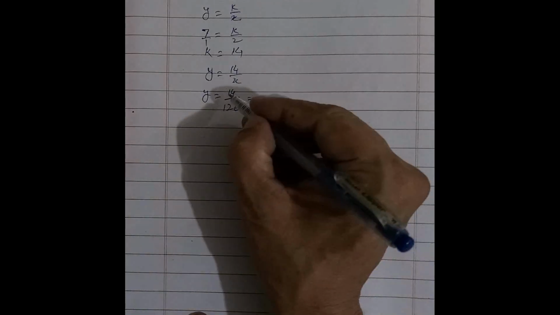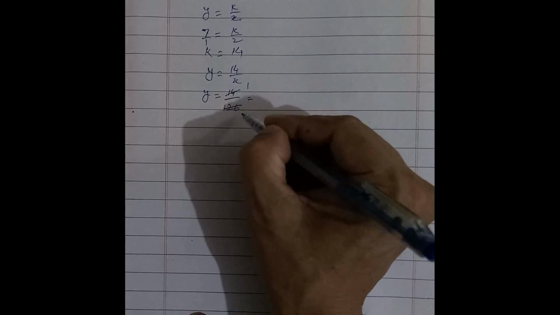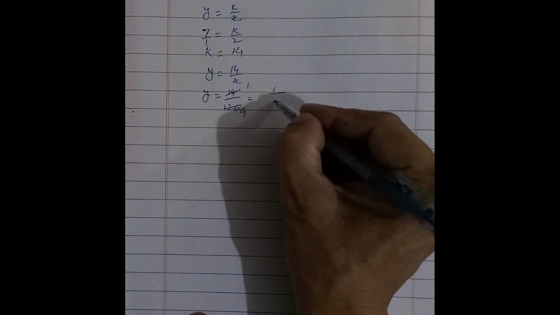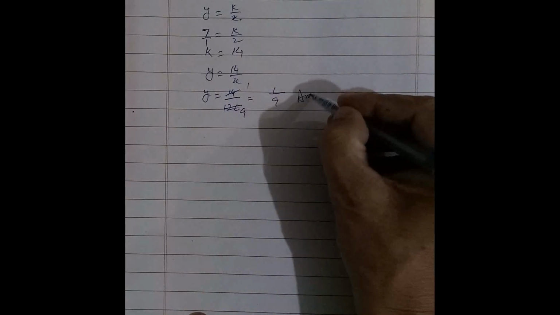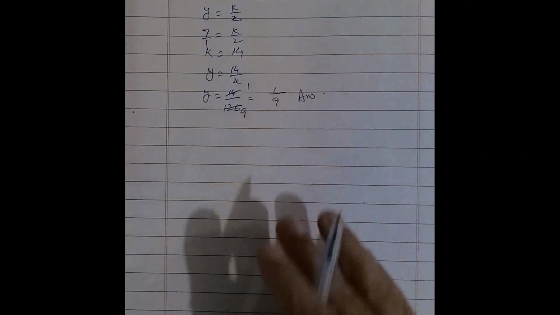Here 14 ones are 14, 14 nines are 126. So y is equal to 1 over 9, and it is the answer of question 7.